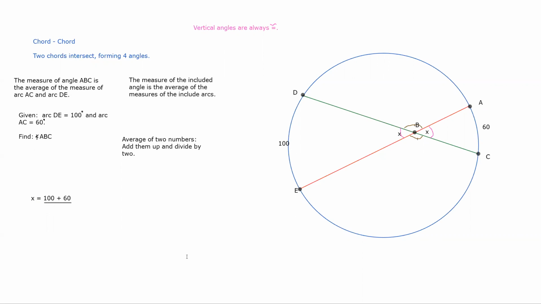How do we get rid of a fraction? Multiply both sides by the denominator of that fraction. When you do that, that cancels. So 2x equals 160. Divide both sides by 2. X must equal 80. And there you go. You do the same process with the others.